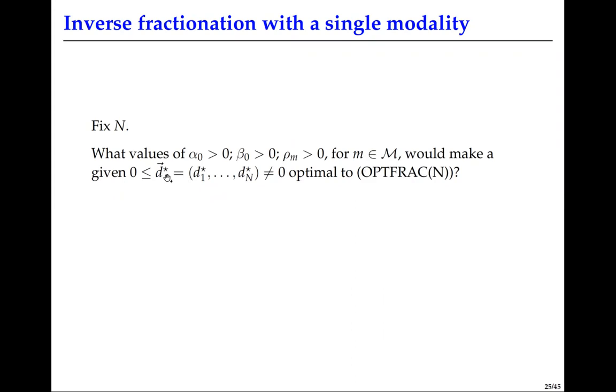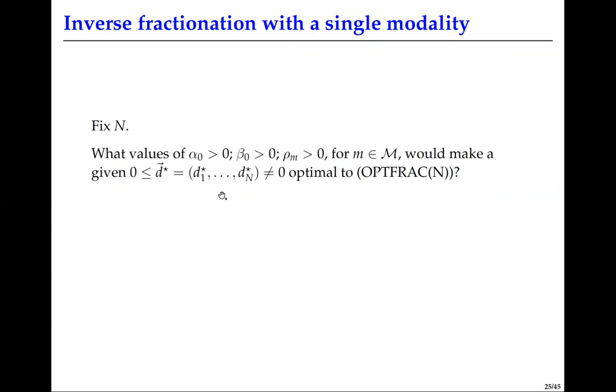In this case, this dosing plan might be something that they are contemplating that they want to use, or this might be used commonly in practice, right? Or they may want to use this in a clinical trial. So this is a given dosing plan, and we want to figure out what values of the parameters will in fact make it optimal. And this is the reason that this is called an inverse fractionation problem.